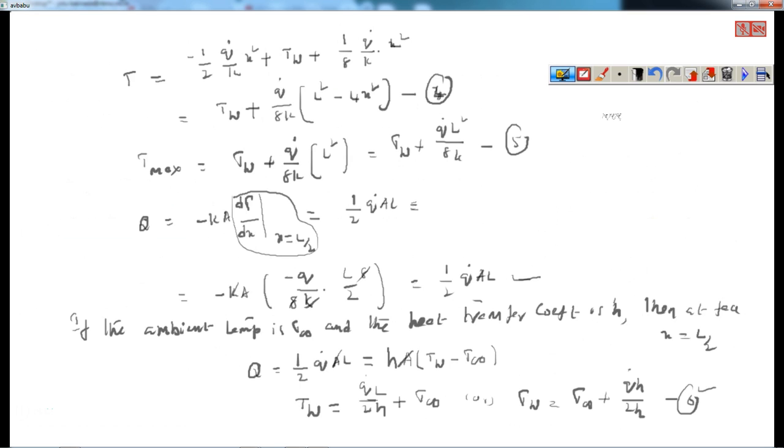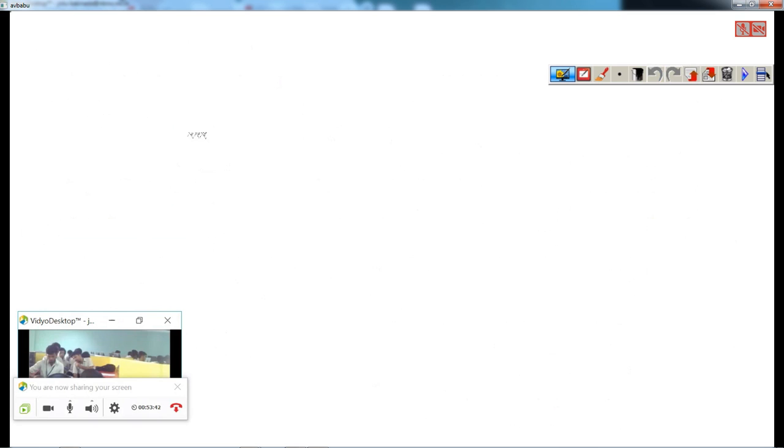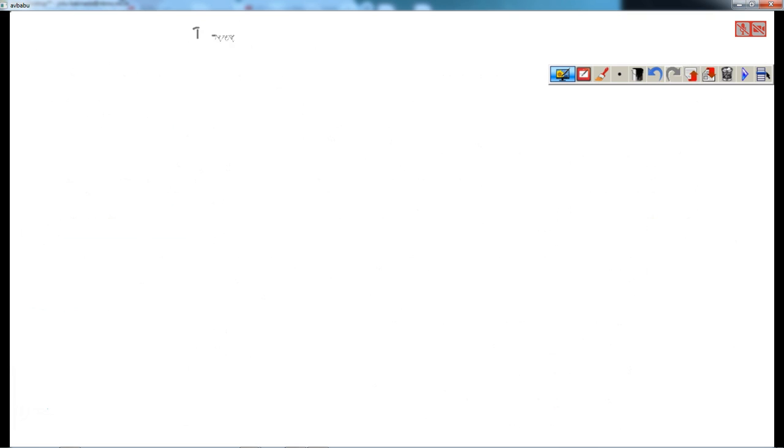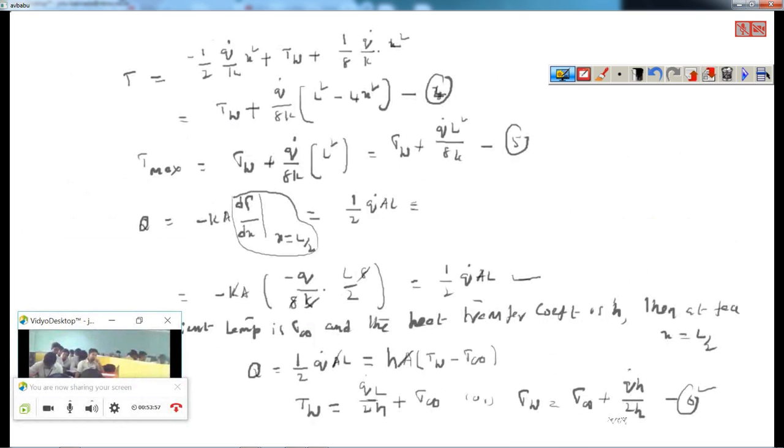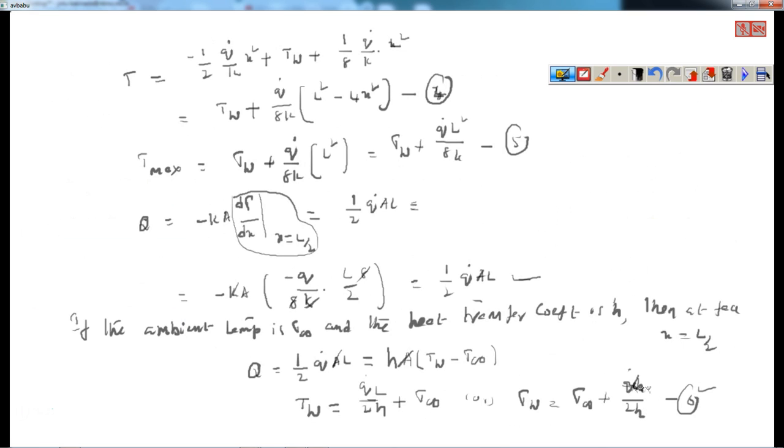How the equations turned out to be, I will talk about it. Equation 4 is T is equal to TW plus Q dot L square by 8K, and we have found here TW is equal to T infinity plus Q dot L by 2H, which I am substituting here.